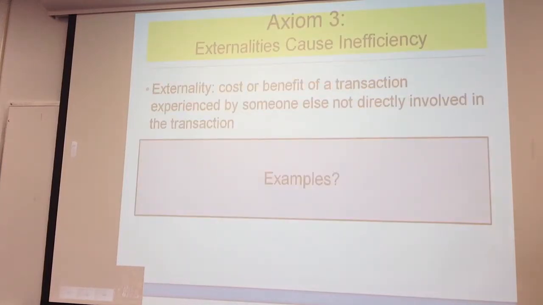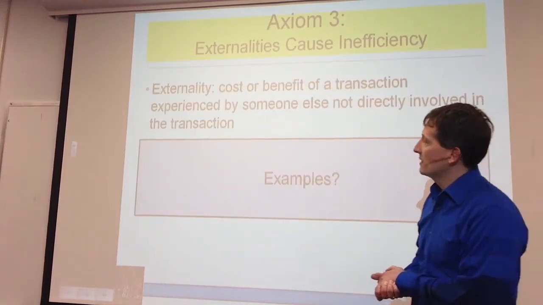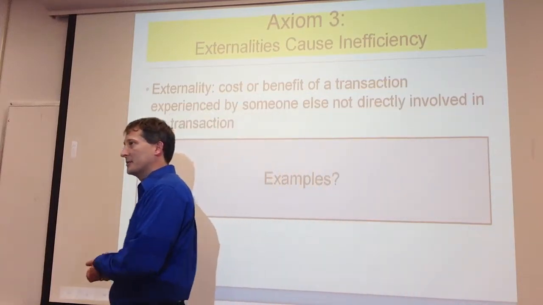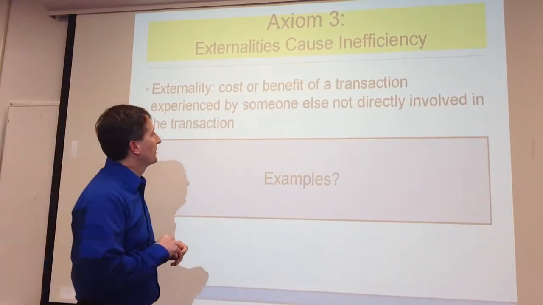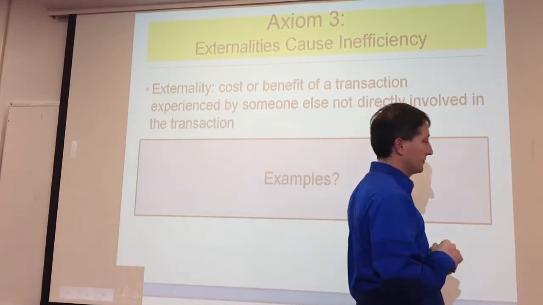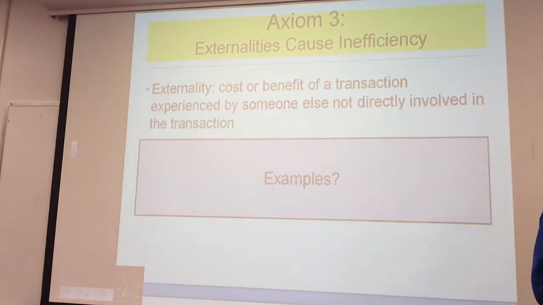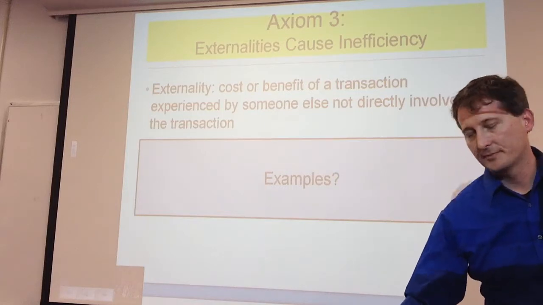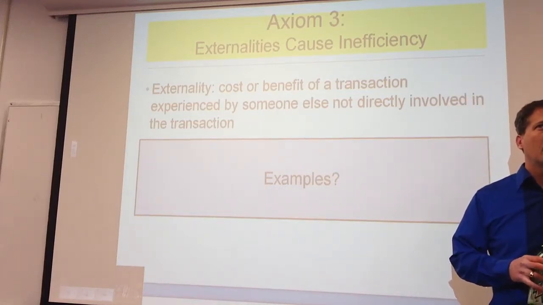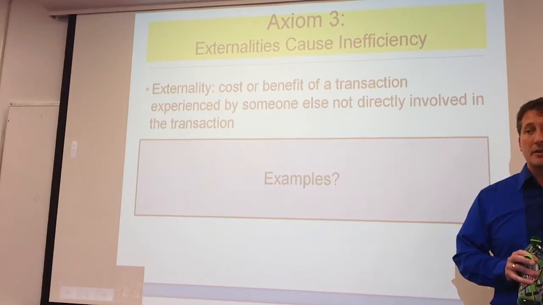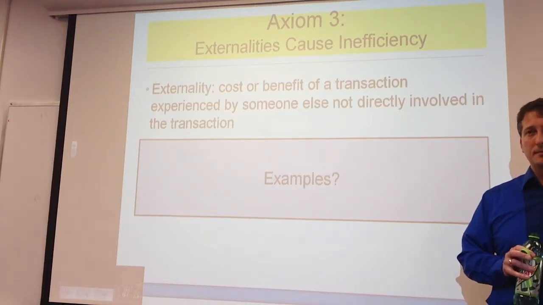Number 3: externalities cause inefficiency. Externalities cause inefficiency. Why? Because they're not easy to account for in market transactions. Yes, I'd agree that they're not easy to account for.